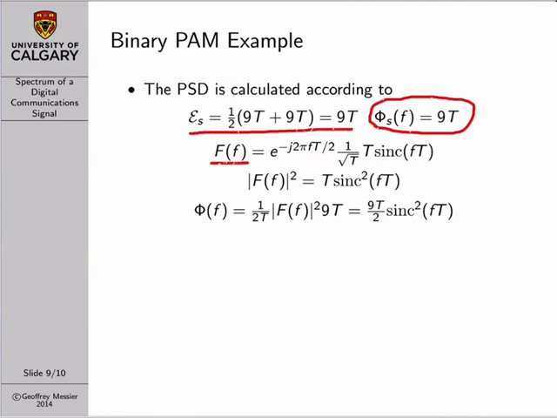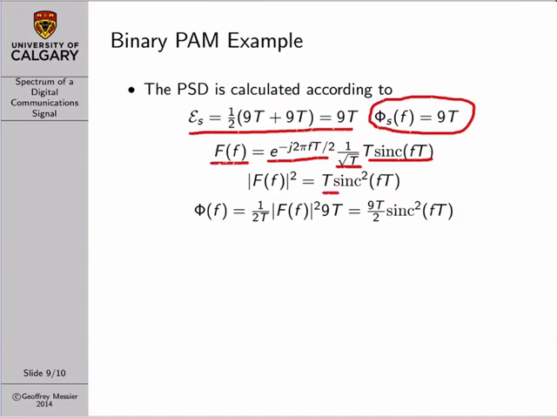The Fourier transform of the pulse shape can be taken directly from a Fourier transform table. So that's where I got this expression. This is to time shift the pulse. This is the unit energy normalization. And then this is the term actually from the Fourier transform table. So the Fourier transform of a square pulse is basically a sinc function in the frequency domain.